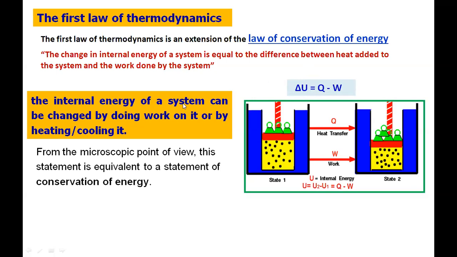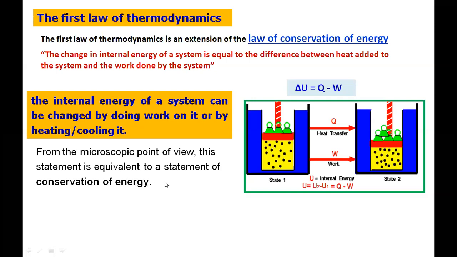So the internal energy of the system can be changed by doing work on it or by heating or cooling it. So from the microscopic point of view, this statement is equivalent to a statement of conservation of energy.